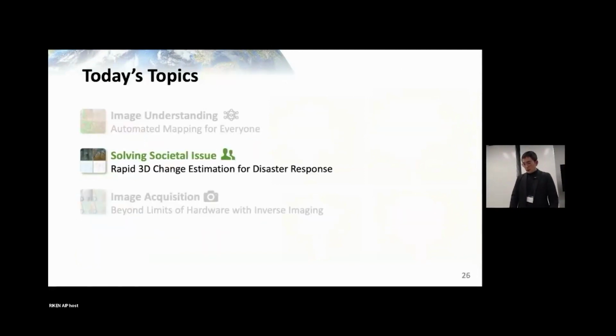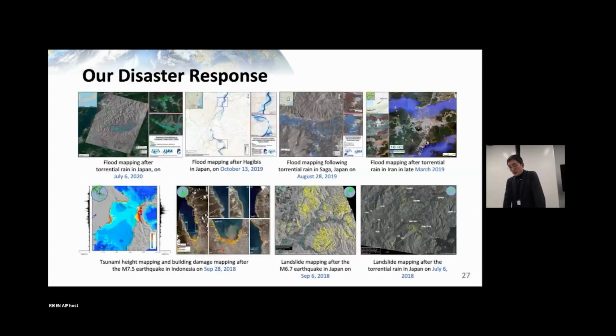And a bit more application, a disaster response related topic, is, again, lack of training data. Disasters are quite rare, and collecting real data is really not possible to collect enough samples. And our group collaborates with a space agency and also a disaster management agency, and whenever something happens, we apply image processing or machine learning techniques to see what we can do and what the problems to solve are.